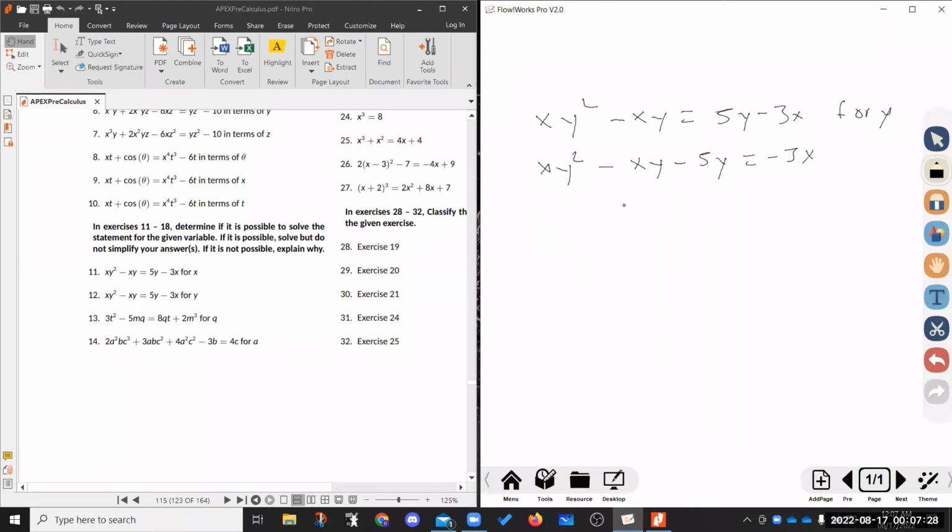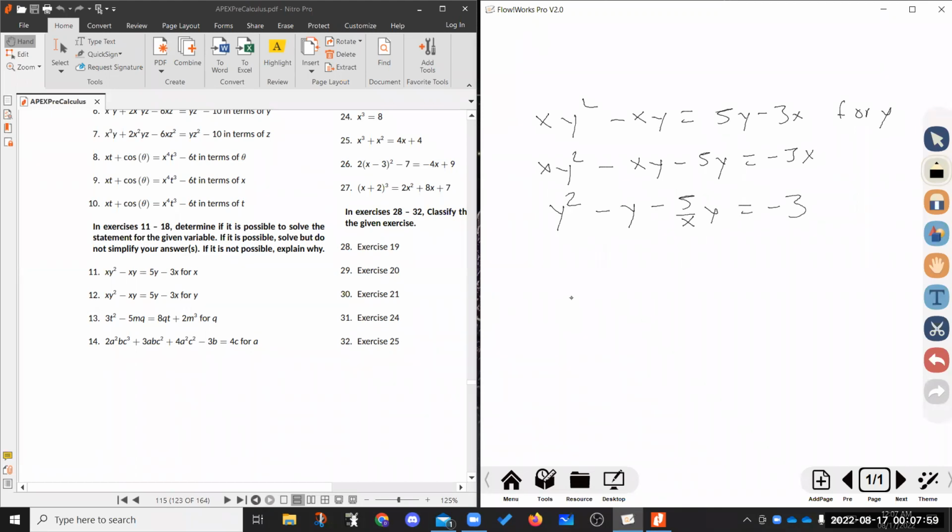I'm going to see if I can divide everything through by x here. I can't do that. Yeah, I can. Let's divide everything through by x.